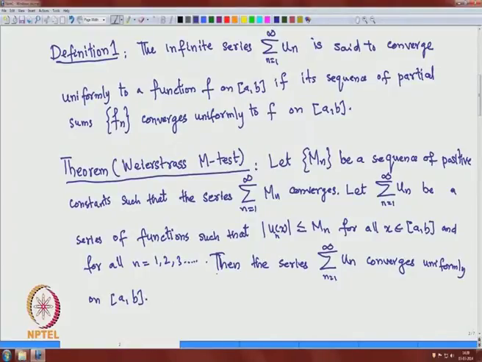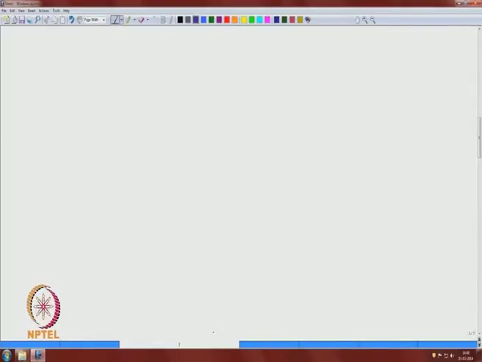So, each term of the series is bounded by a constant, and if the series formed by that constant is a convergent series, then the series of functions converges uniformly on the interval [a, b]. So, that is a test. We will see an example verifying this fact.